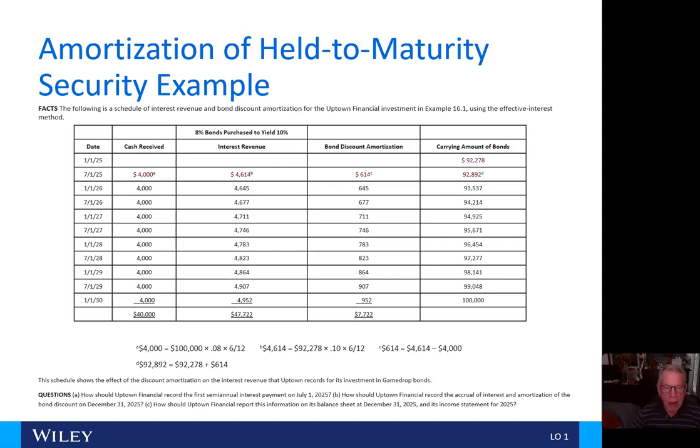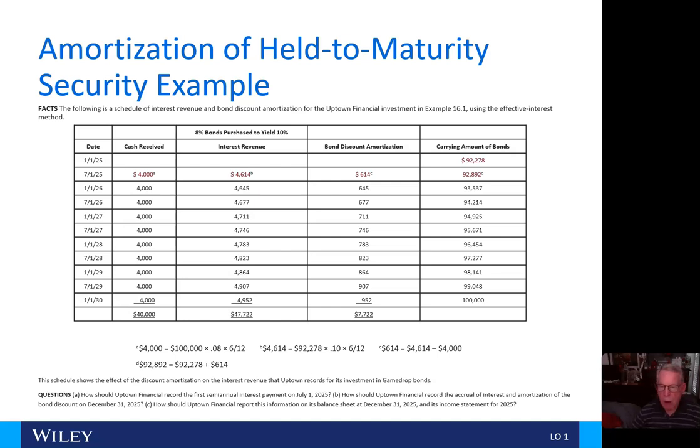And Bravo, how should Uptown Financial record the accrual of interest and amortization of the bond discount on January 31, 2025? And then Charlie, how should Uptown report this information on its balance sheet at the end of the year 2025 and its income statement for 2025?